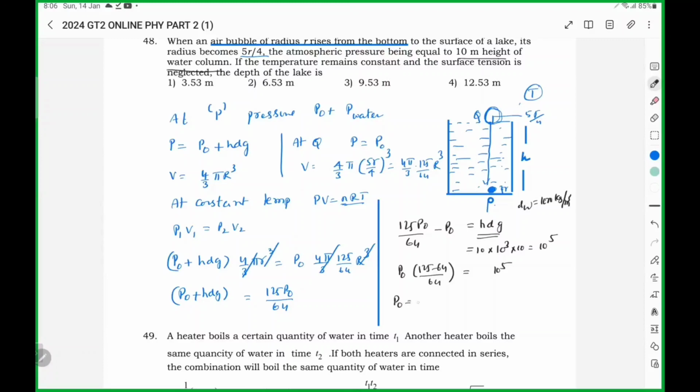So here pressure is 10 power... this is nothing but 125 minus 64, that is 61 by 64, which is equal to 10 power 5.